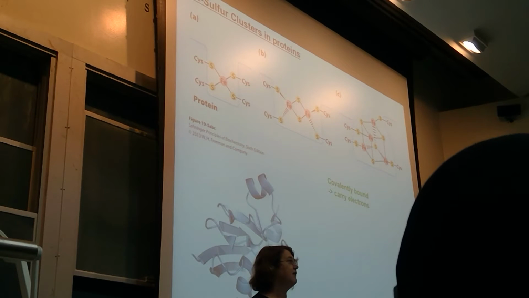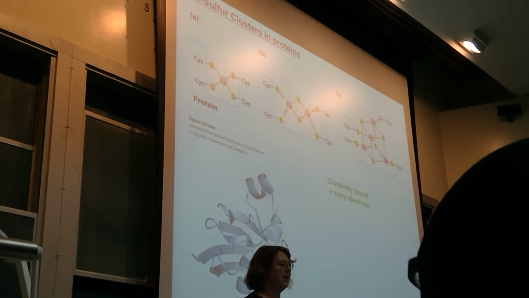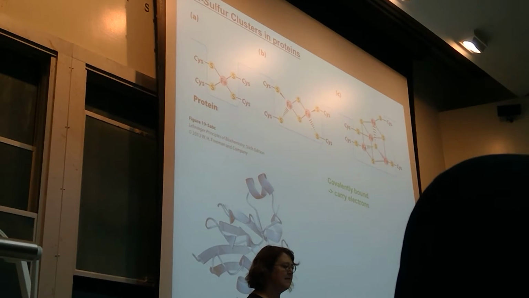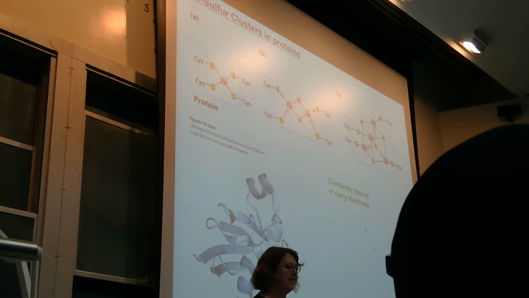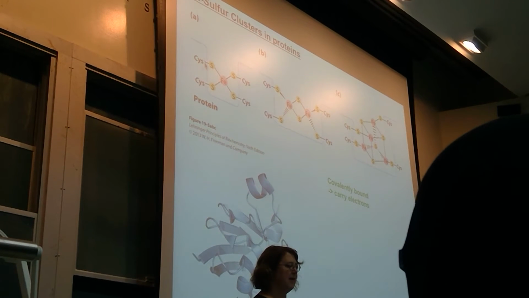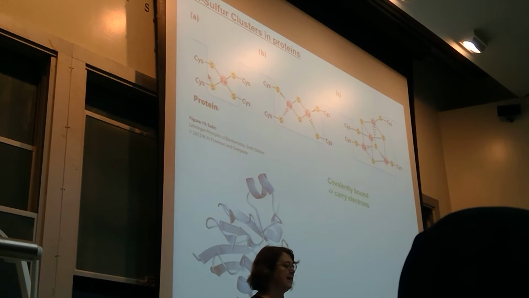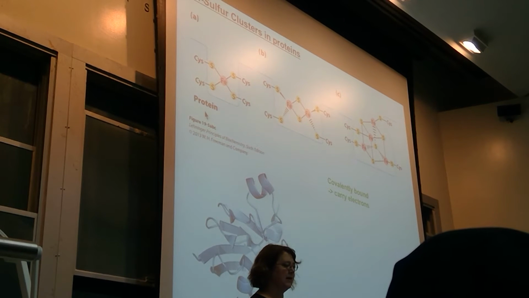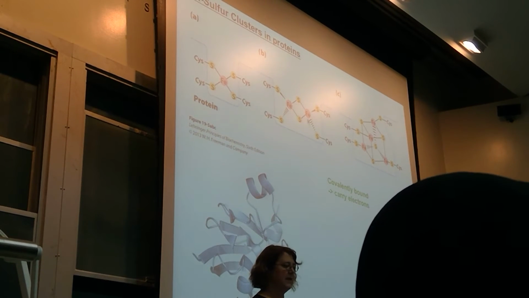So I talked about in that last slide the iron sulfur clusters of proteins. They can be a couple different forms, and you don't need to memorize this, I'm just showing you. You'll have the cysteine coming from the amino acid of the protein, and that can be coordinating an iron.